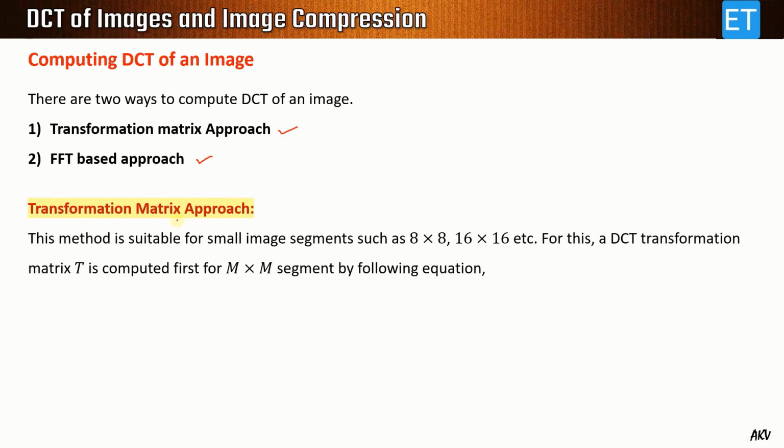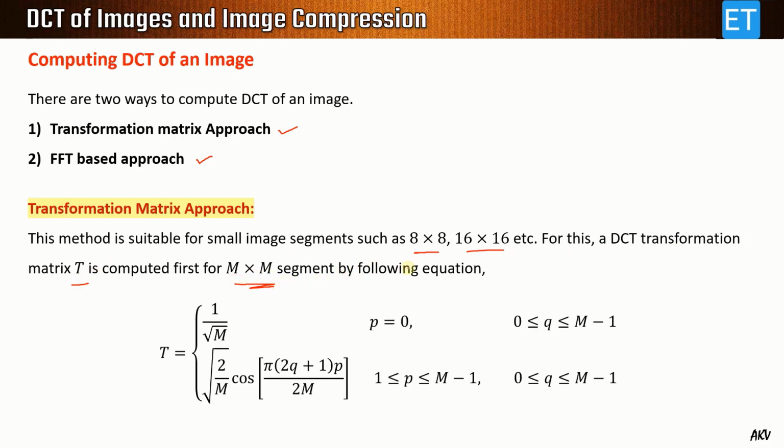This method is suitable for small image segments such as 8 by 8, 16 by 16, etc. For this, a DCT transformation matrix T is computed first for an M by M image segment by the following equation. So this is the equation by which you can compute a transformation matrix for an M by M image segment.